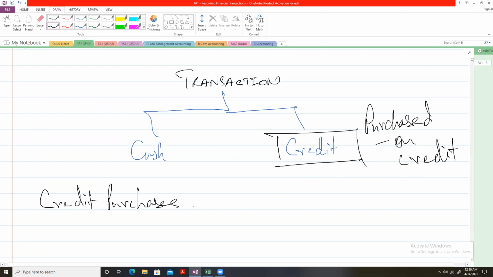We will be obliged to make payment in future. There will be a promise on our part to make payment in future. There will be an obligation.